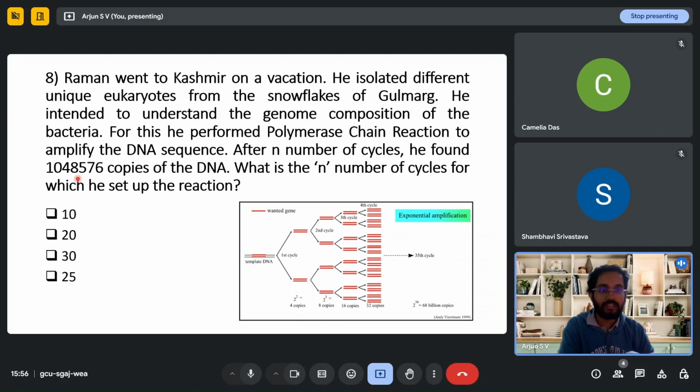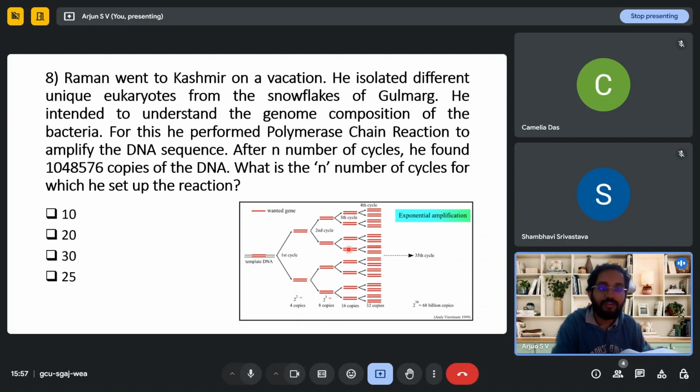So it's okay, I'll go ahead. The answer lies in this diagram basically. That's why I kept this diagram that I got from the internet. So basically, after one cycle you get 2 power 1, that is 2 copies, and after 2 cycles you get 2 power 2 copies, and so on and so forth.